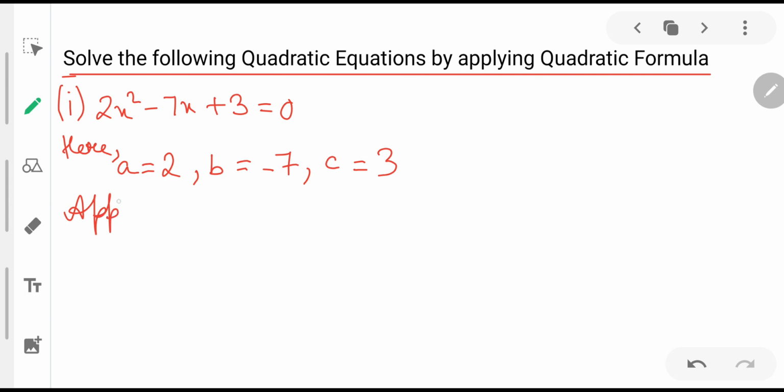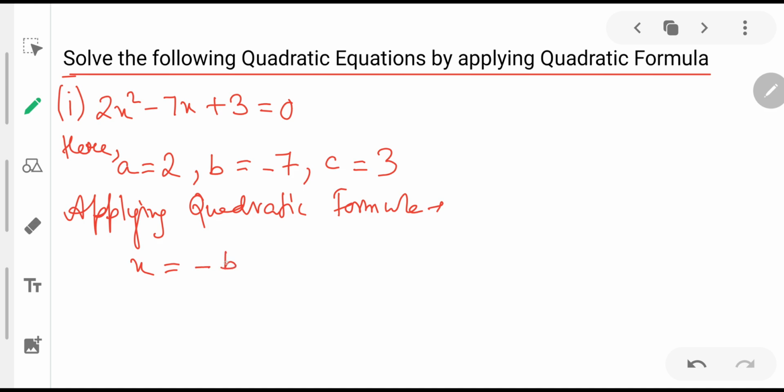So how to write? We can write it in this form: applying the quadratic formula, we get x equals to, write the formula, minus b plus minus root over b square minus 4ac divided by twice a. Then we will just substitute the values.